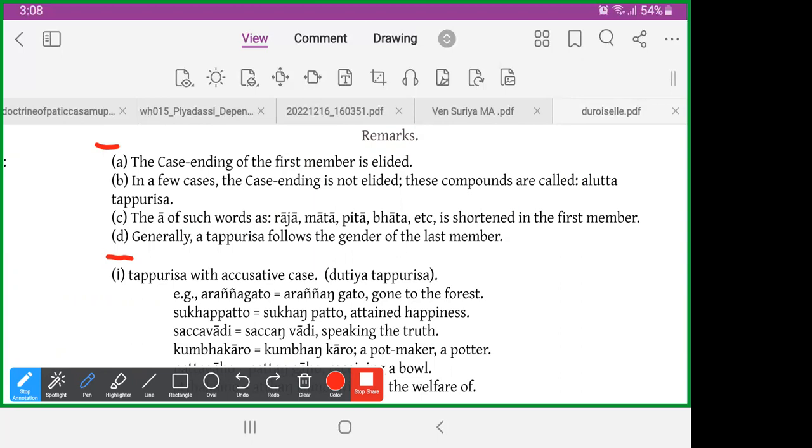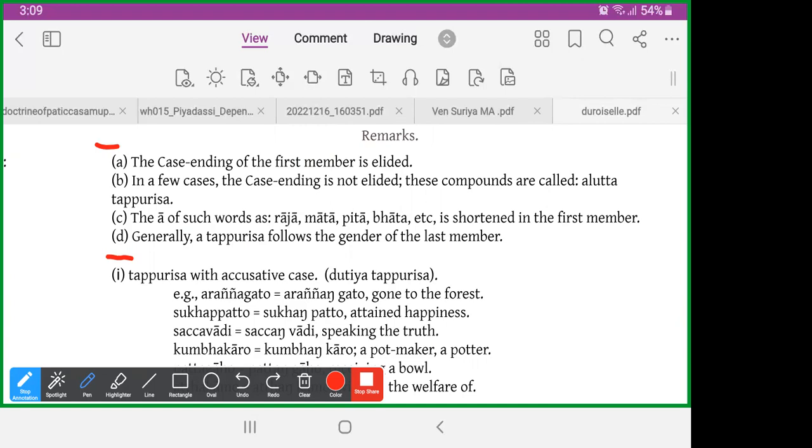C. The A in such words as Raja, Mata, Pita, Bata, etc. is shortened in the first member. D. Generally, a Tappurisa follows the gender of the last member. Okay, so we're going to look at a few examples here.